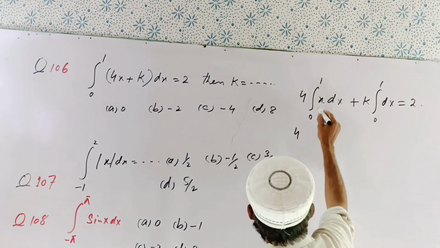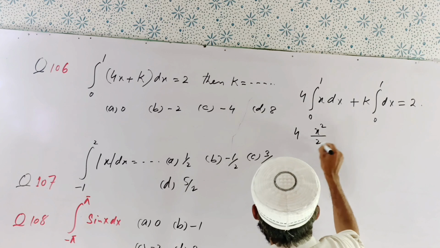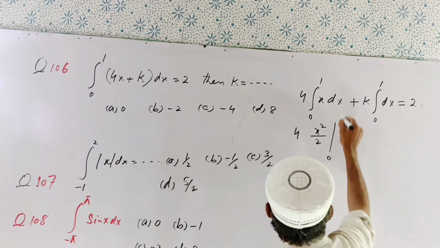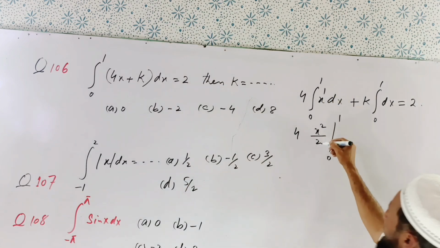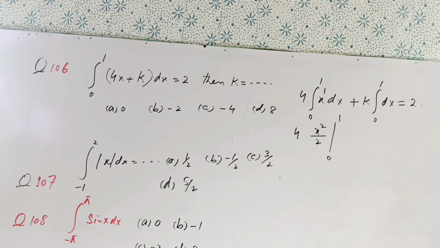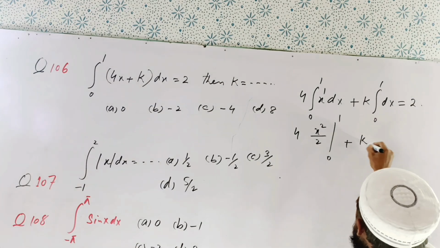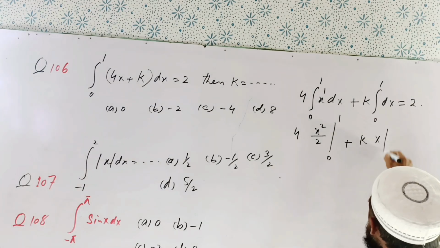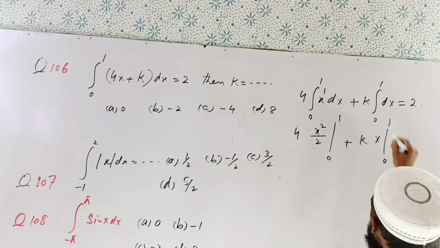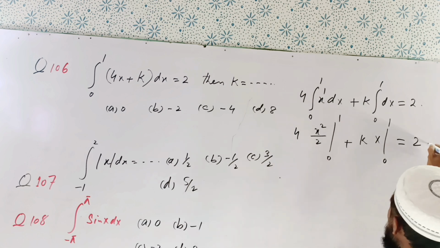So we are using here the formula x square divided by 2, with limits 0 and 1, and here we get x with upper and lower limits 1 and 0.